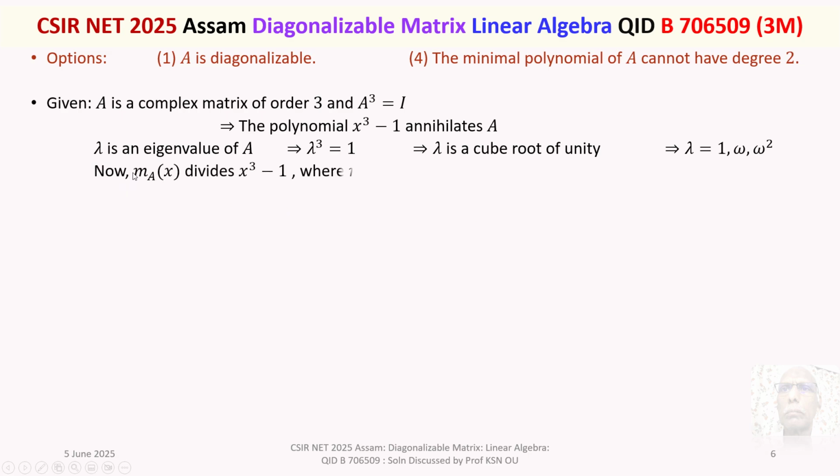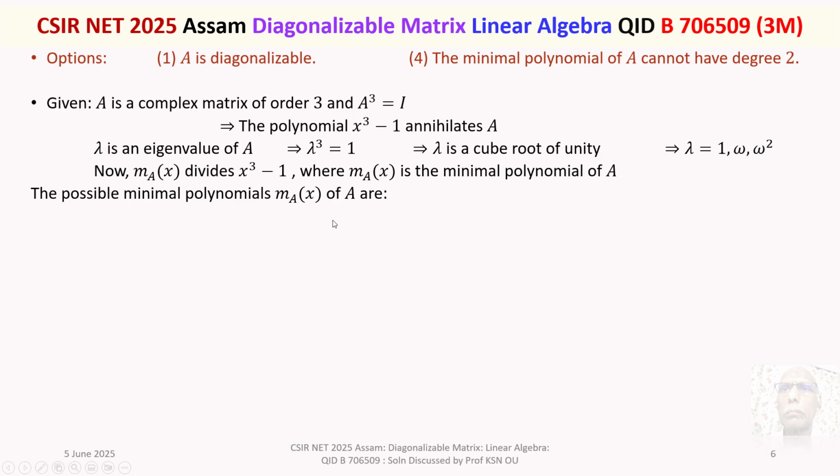Now, the minimal polynomial of A divides x cube minus 1. Then, what are the possible minimal polynomials of A?